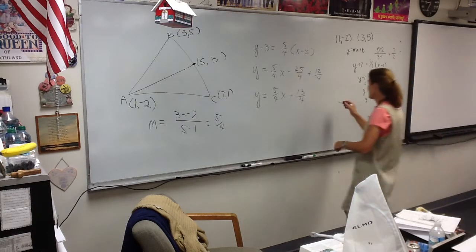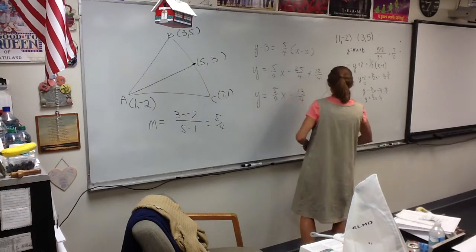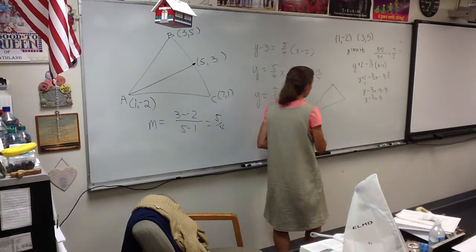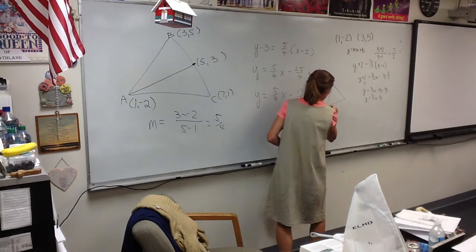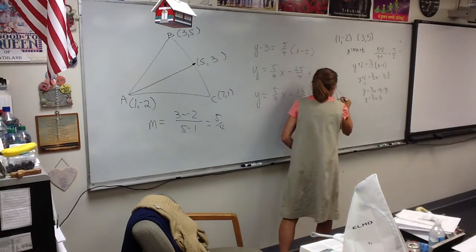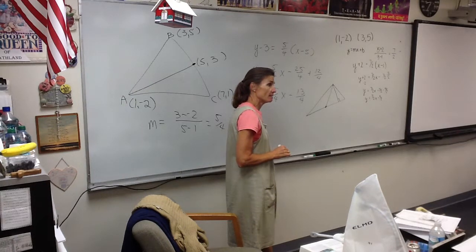When I draw my triangles, they always end up looking kind of equilateral. But if we had this triangle right here, this would be the median, because it's going to the midpoint. This would be the altitude, because it is dropped perpendicular to the side.